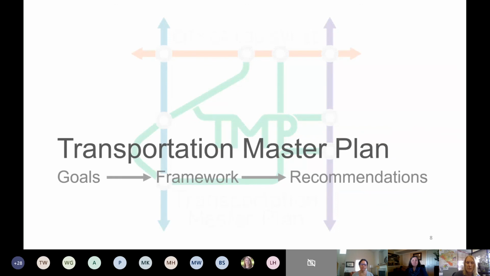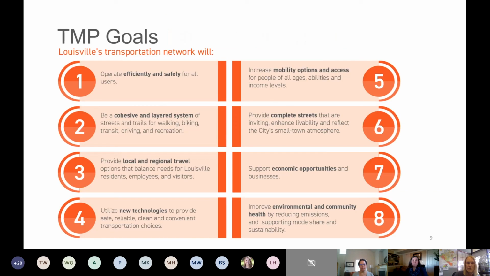So I'm going to talk a little bit about the goals that we set forth in our Transportation Master Plan and our framework, and then some of the projects and recommendations. We have 8 goals that we outlined, and I won't go into details of every single goal, but you can see that some of our key goals were focused around the efficiency of our system and the safety of our system.